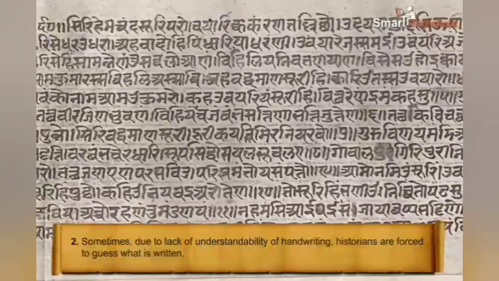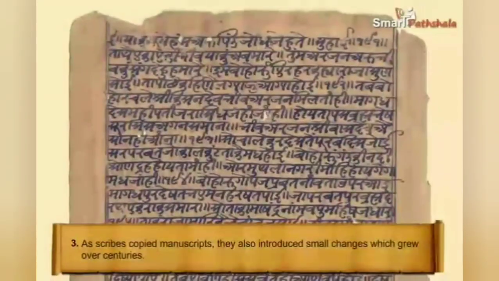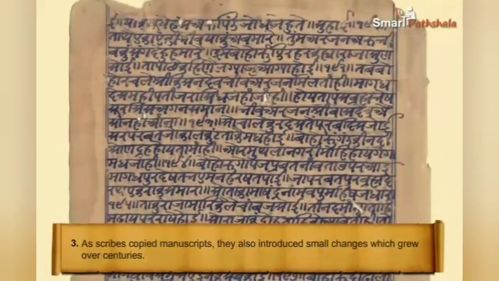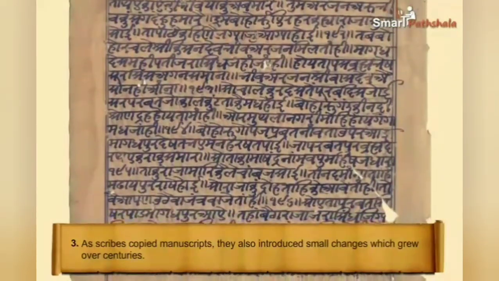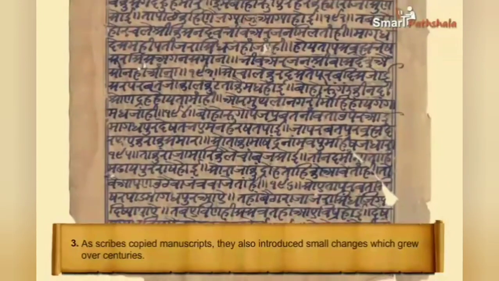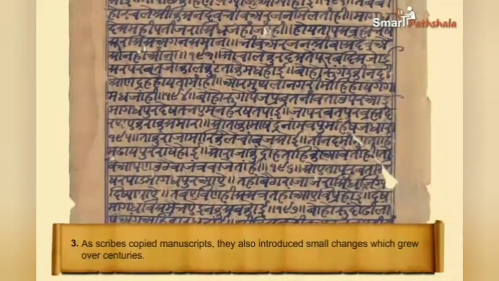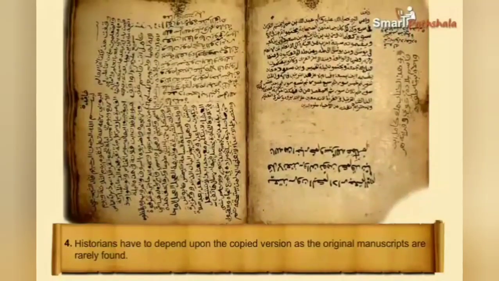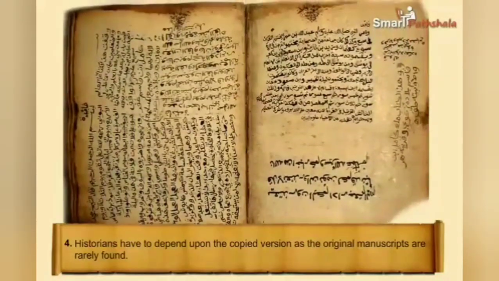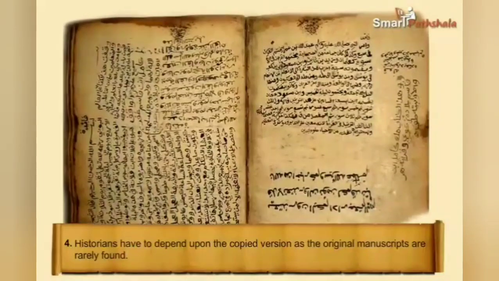Sometimes due to lack of understandability of handwriting, historians are forced to guess what is written. 3. As scribes copied manuscripts, they also introduced small changes which grew over centuries. 4. Historians have to depend upon the copied version as the original manuscripts are rarely found.